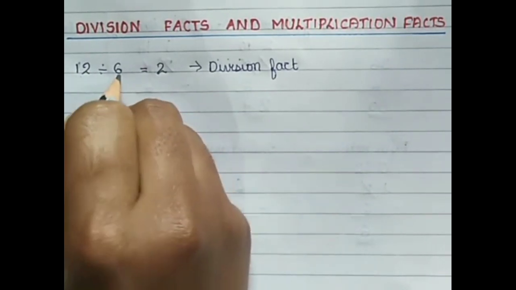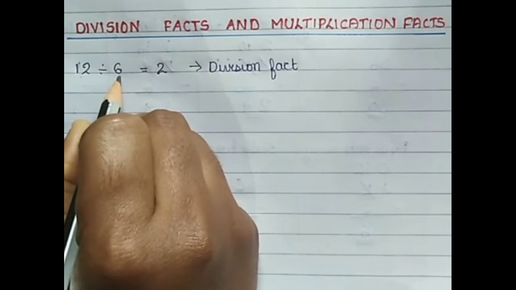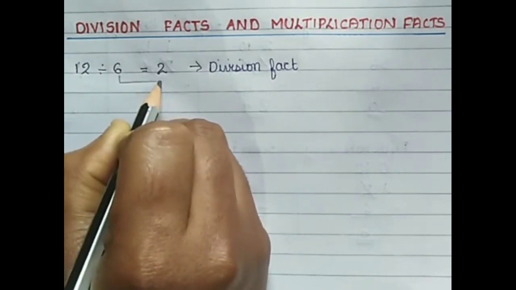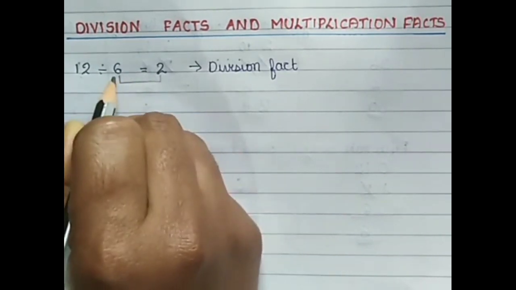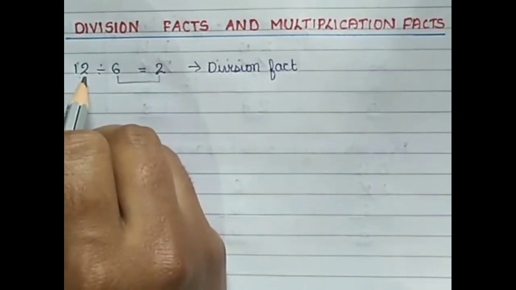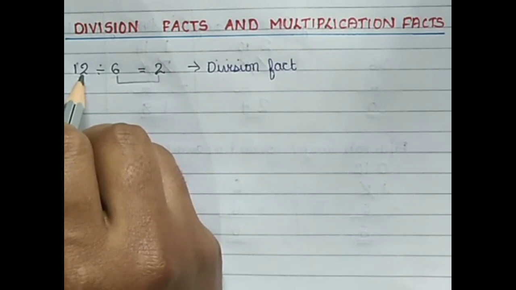To get the number 12, children, we have to multiply which 2 numbers? Yes, we have to multiply the number 6 and 2 to get the number 12. Isn't it? From this, we have 2 multiplication facts.